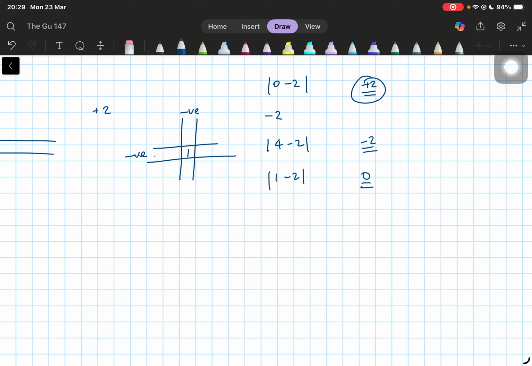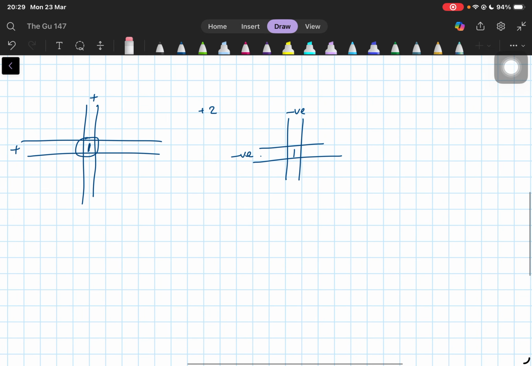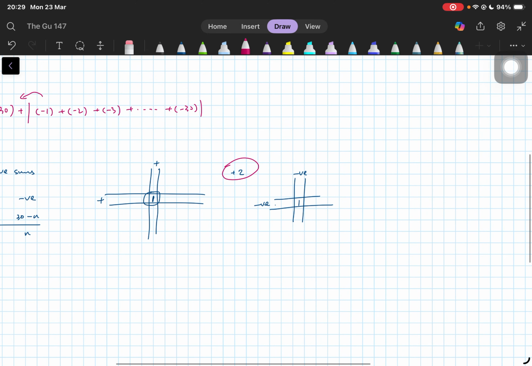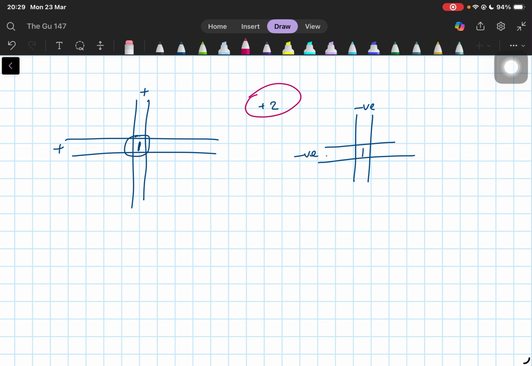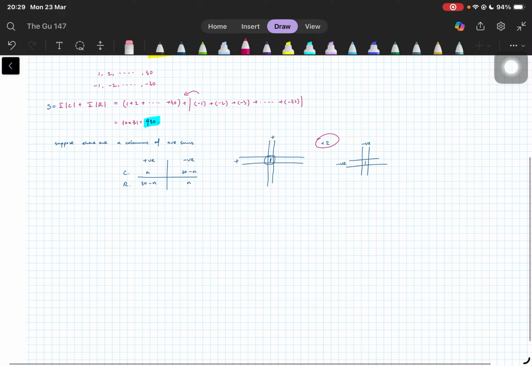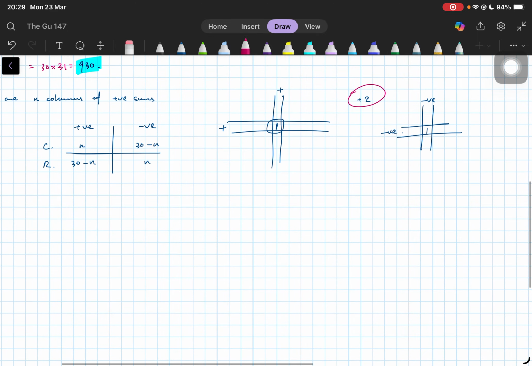So it all depends on what happens when -2 joins the negative columns. But what we can guarantee is that the maximum contribution that one singular cell can make is +2. And that is only possible when its sign is the same as its corresponding row sign and column sign. That's a very optimal solution.